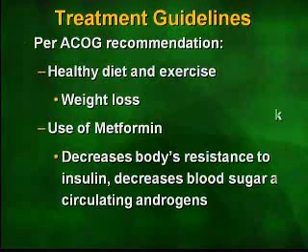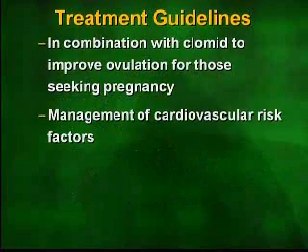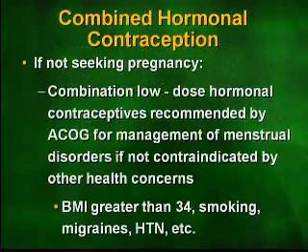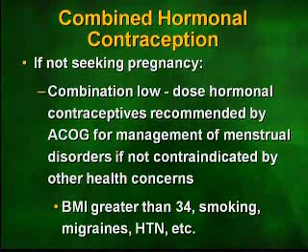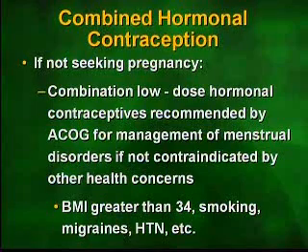The doctors may also want to manage their cardiovascular risk factors. If a patient is not seeking pregnancy, it would be great if they were on a combination low-dose hormonal contraceptive. This is recommended by ACOG as management of their menstrual disorders, and is especially good if there are no contraindicating factors, like health concerns, their BMI greater than 34, their smoking, or their migraines or blood pressure issues.